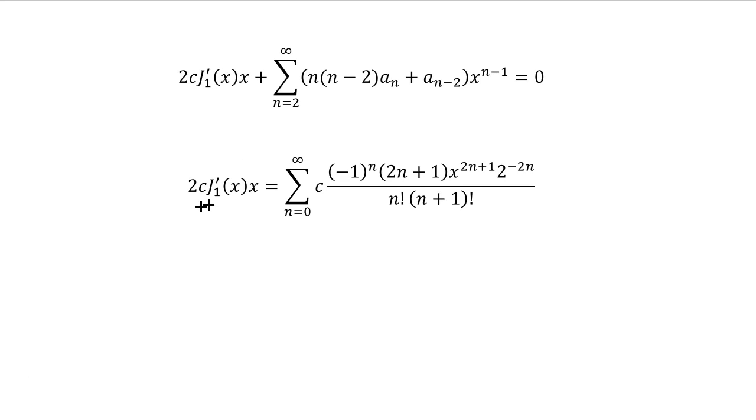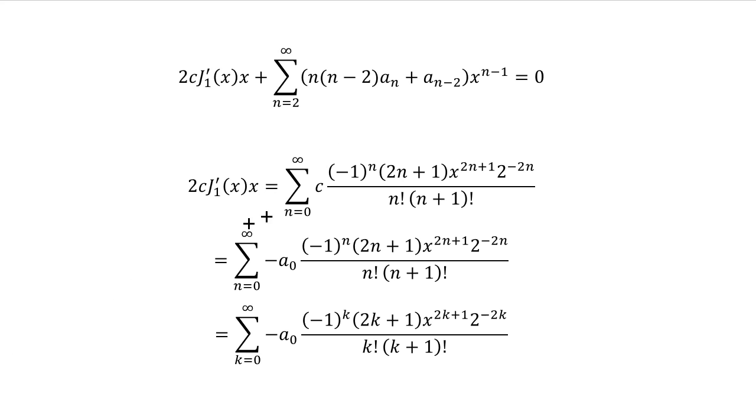And remember, we calculated this: 2c j1 prime x times x is this. And because c is equal to negative a0, we are going to rewrite it in this format. And because this is using n, I don't want to get confused with it, so we'll be using k instead, just like how I explained before. And then plugging this into this, replacing the first term, will give you the following equation.